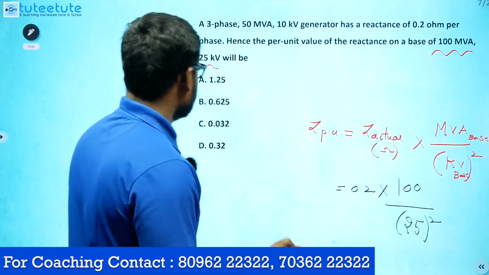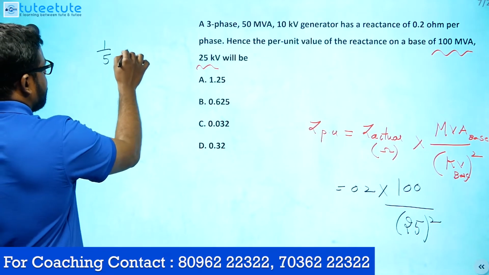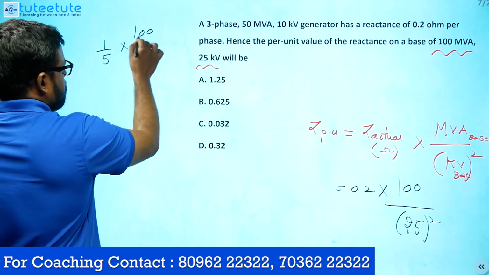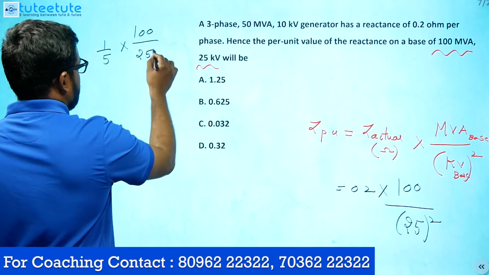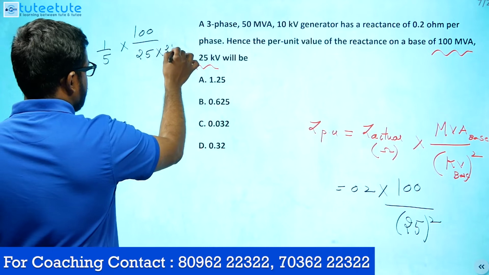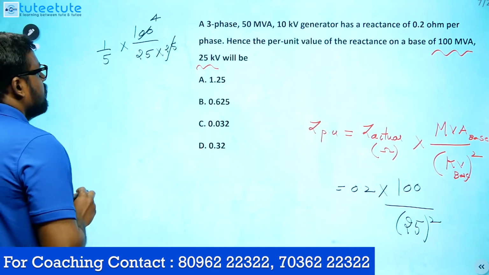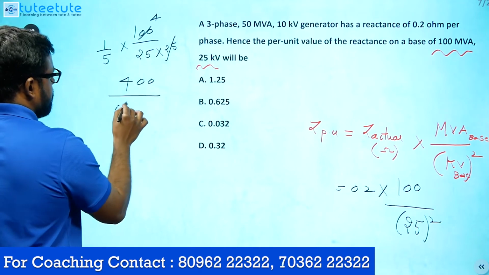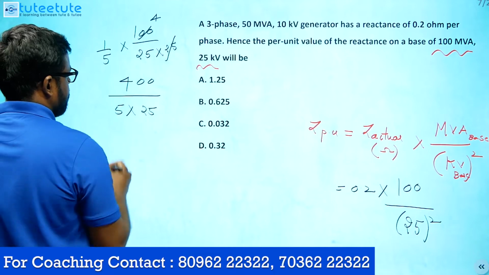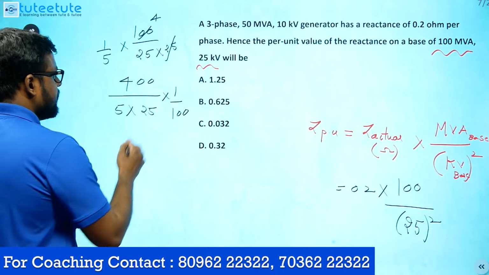Now calculate this value, how much this is. So therefore it is 1 by 5 into 25 into 25. So this is 4 times. Fine. So I will take it like this, 400 divided by 5 into 25 into 1 by 100, just to make the calculation very easy.